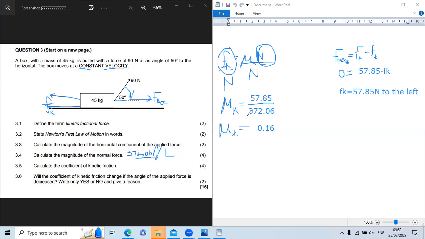The answer is no. And the reason is that the coefficient of kinetic friction depends on the surface that the object is moving on and does not depend on the forces. But you can just say it depends on the surface and leave it like that.